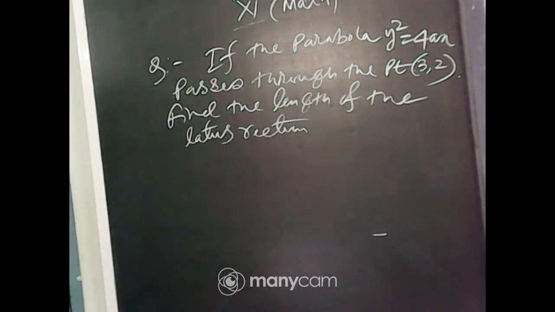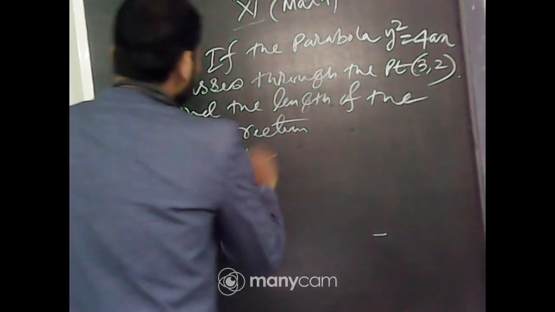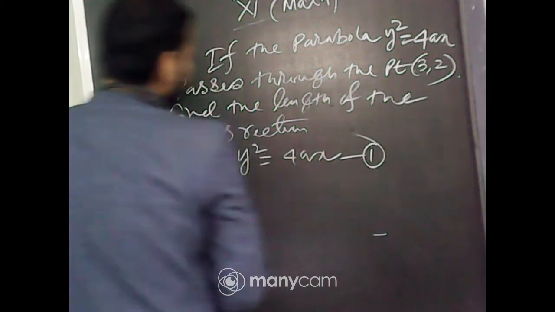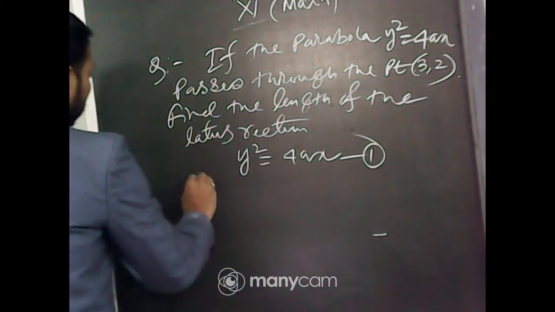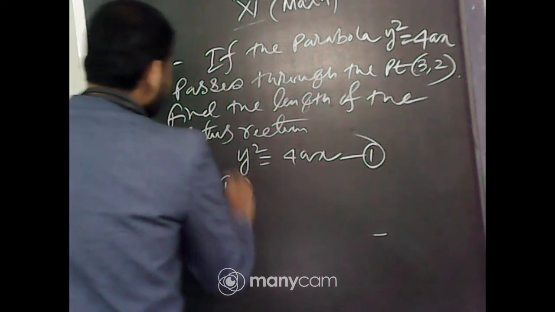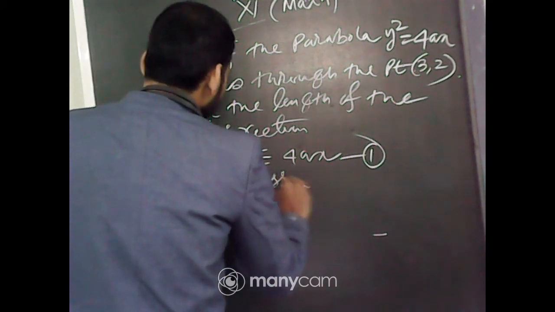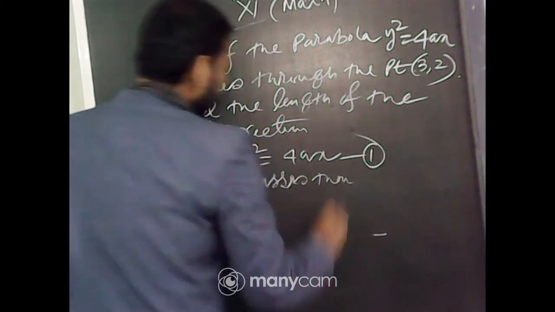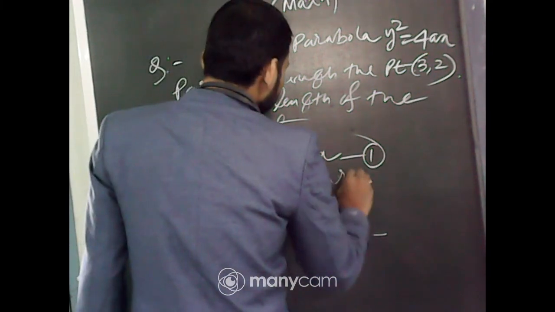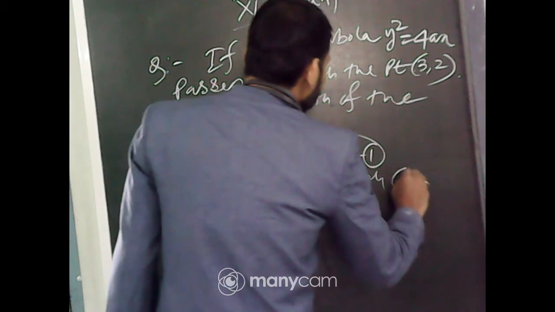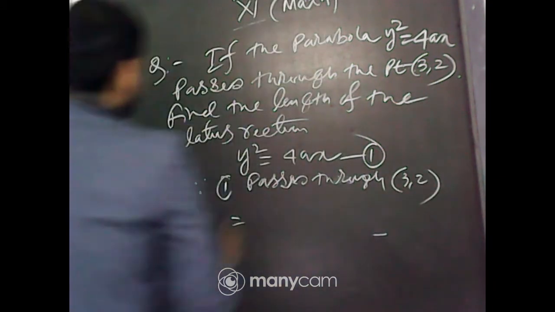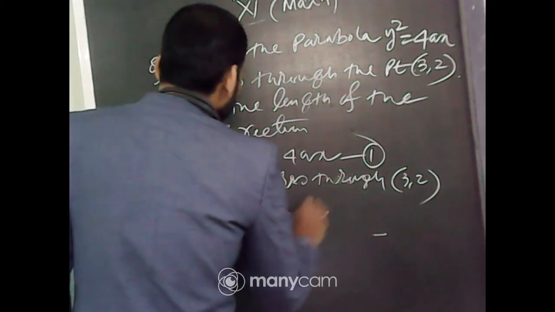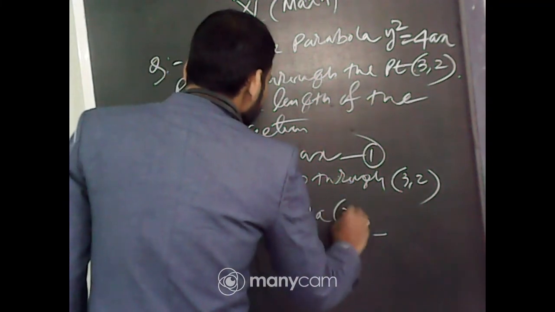Tell me, here the equation is given as y square equals 4ax, that is denoted by 1. Now since 1 passes through (3, 2), just put 2 instead of y, so 2 square equals 4a into 3.